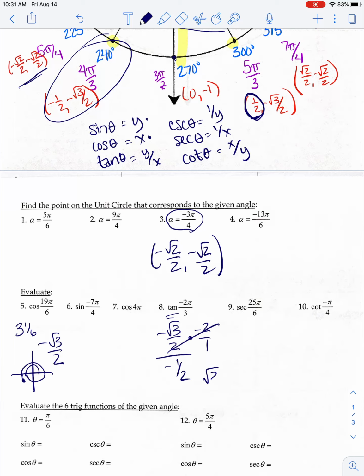And then you're going to Bojangles this, and you're going to get a positive root 3. To do secant, I would just find cosine and flip it. So it would be 1 over x of that place. Cotangent would just be x over y instead of y over x.